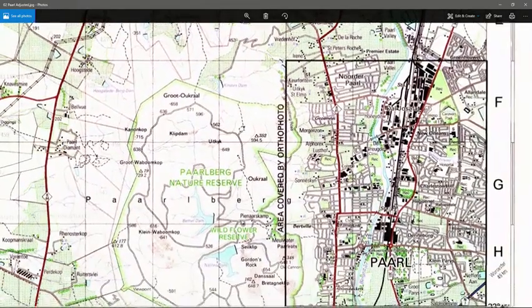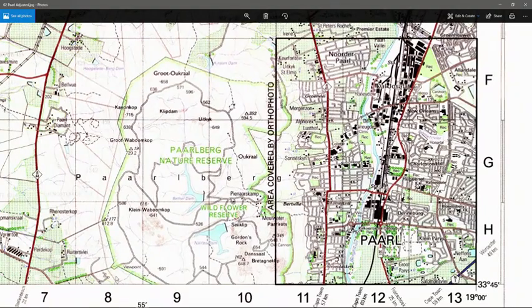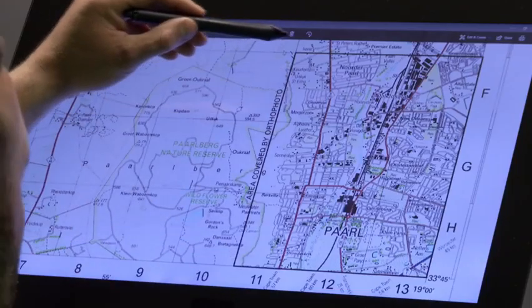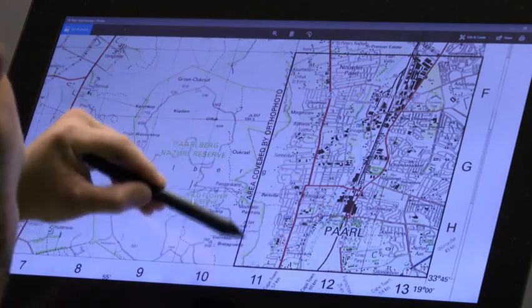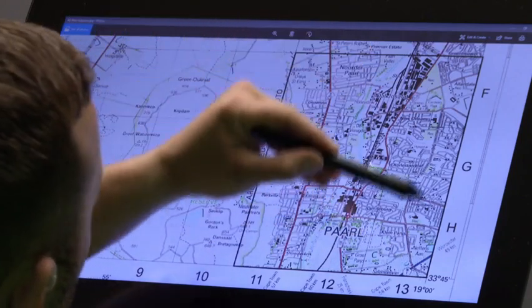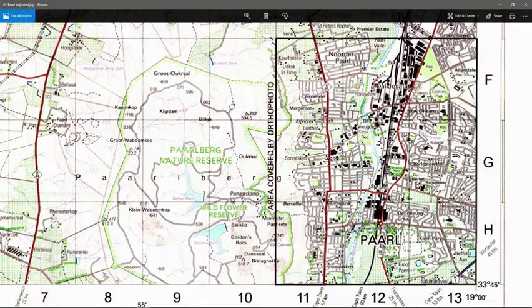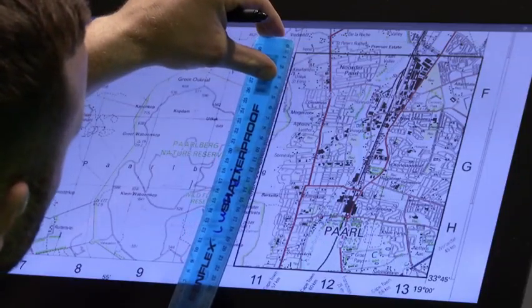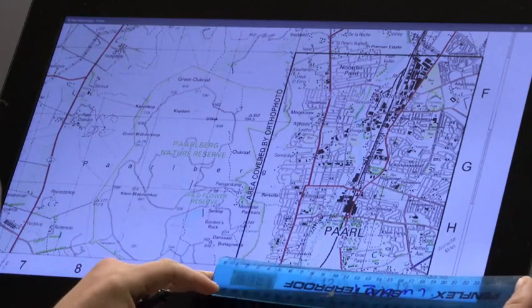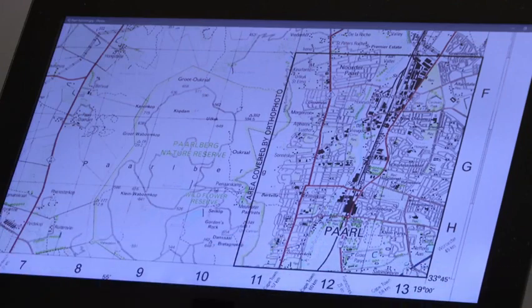Many times they do ask to calculate the area that is covered with the orthophoto in square kilometers. So basically you need to calculate your length with your ruler and your breadth with your ruler, but keep in mind, because we're working on a topographical map, you need to times it with 0.5 to get kilometers and 500 to get meters.